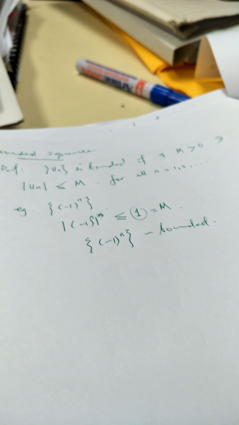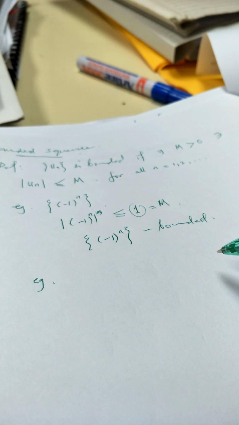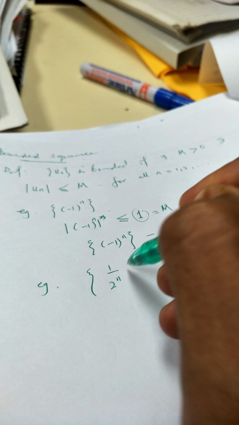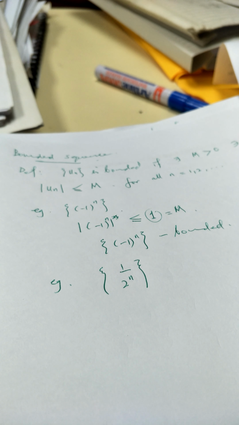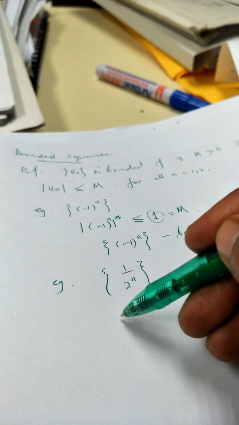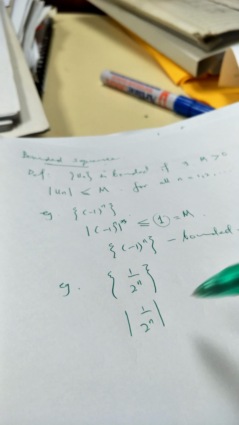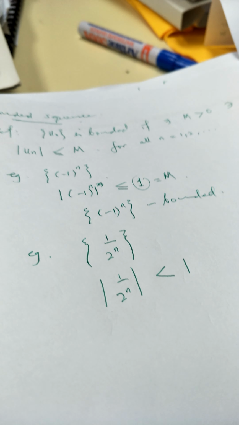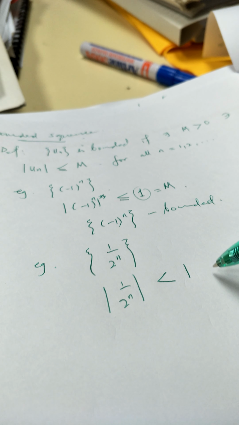Other example. If you consider this sequence, if you take the absolute value of those, definitely this is less than 1. So therefore again this is bounded.